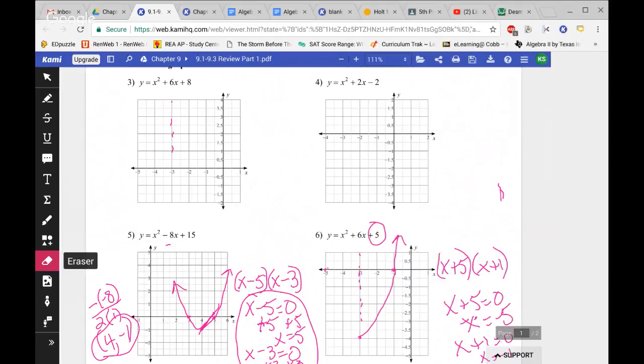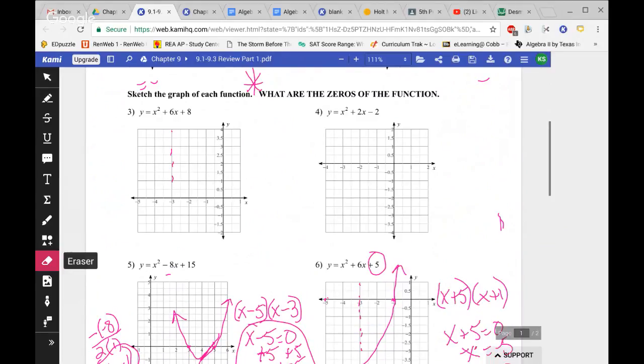The quadratic formula gives you the zeros of the function, or where it crosses the x-axis. Like number 3, A would be 1, B would be 6, and C would be 8. So that's what you would use to find the zeros of the function.